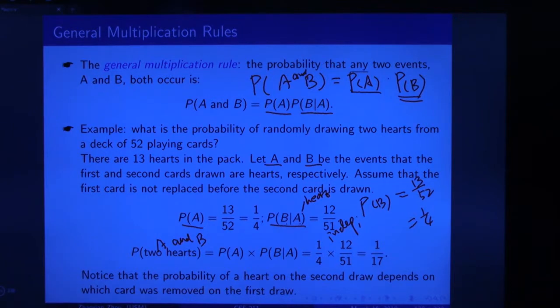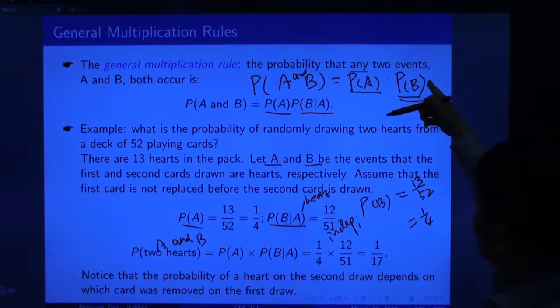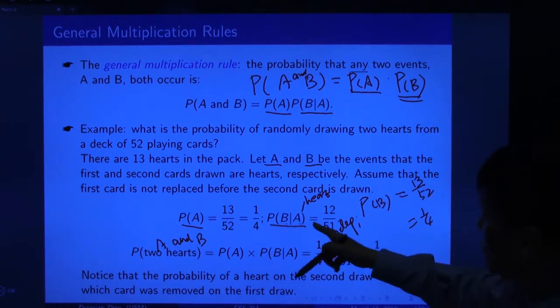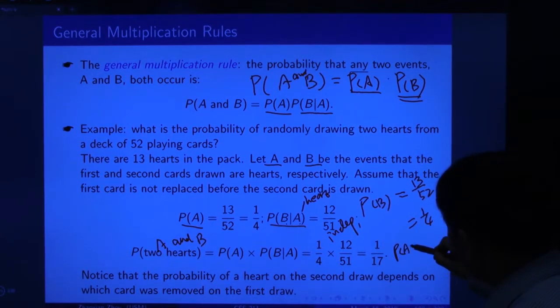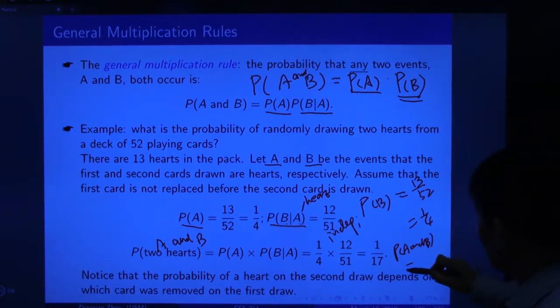So if the two events are independent, which means we draw the first card, then we put it back, then we reshuffle, then we draw the second card, the probability that we get two hearts, we are going to use this formula. Right? So P(A) times P(B), which equals 1/4 times 1/4, so P(A and B) equals 1/16.